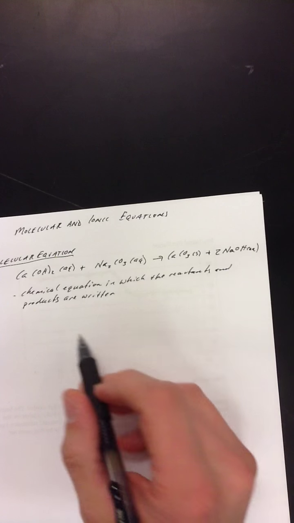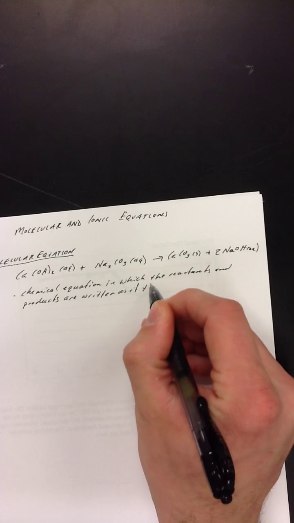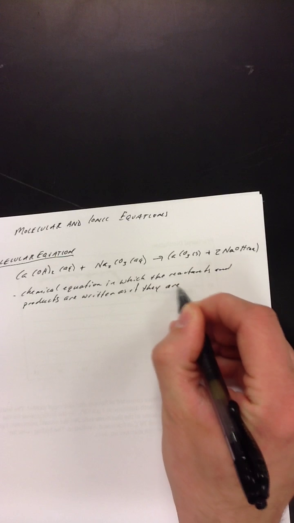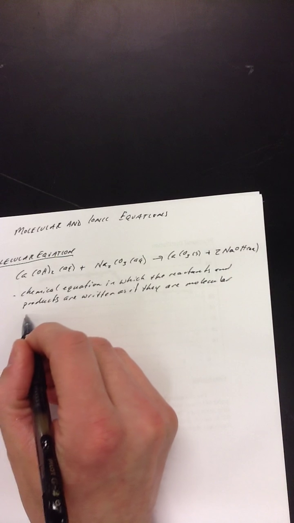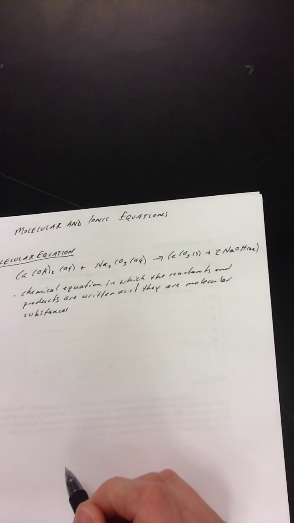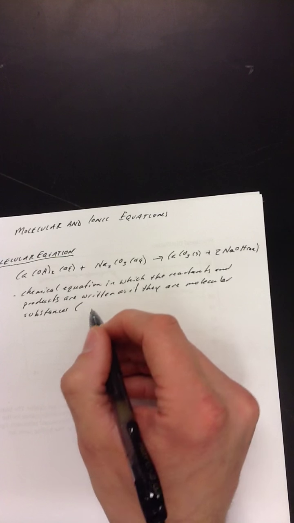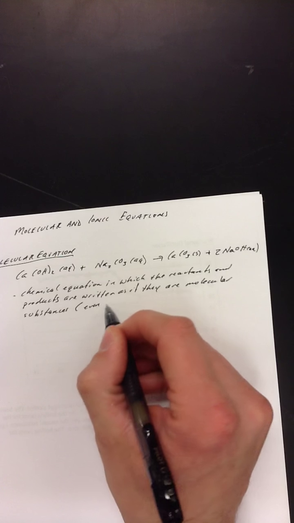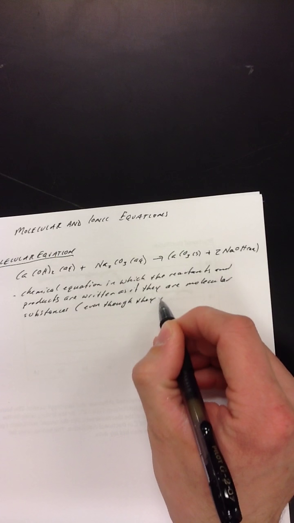So reactants and products are written as if they are molecular substances, even though they may actually exist as ions. We can put that in parentheses next to it. So even though they may actually exist as ions.